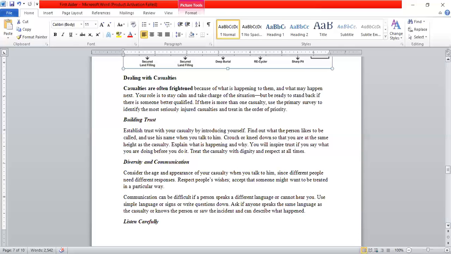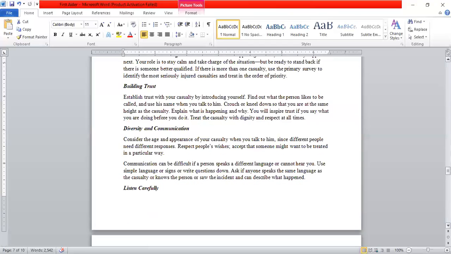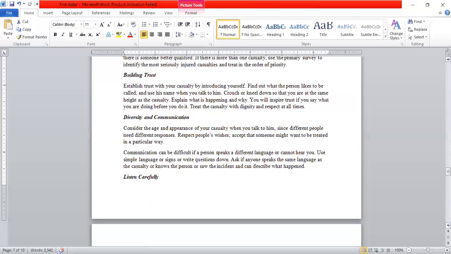Then the other thing is how you communicate with the casualty. You show respect, and you respect people's wishes. If someone doesn't want to be treated, do not force them. And if a casualty wants to be treated in a particular way, you respect that, because they may accept or reject your services depending on their situation.